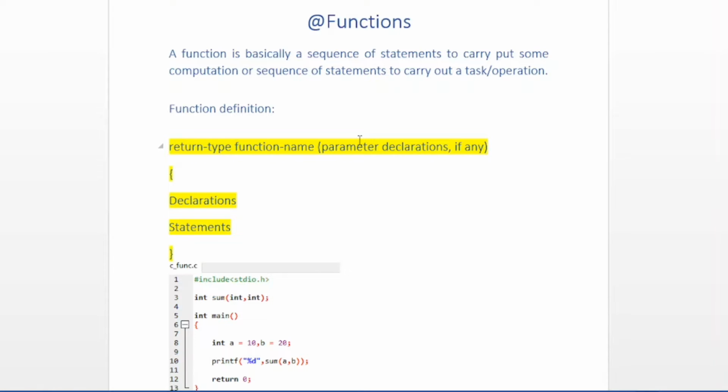When we call a function, we pass some values, and those values are received through these parameters. Then computation takes place on these parameters inside the function body. So we have return type, then function name, then inside the braces the parameter declarations. Obviously these are optional.